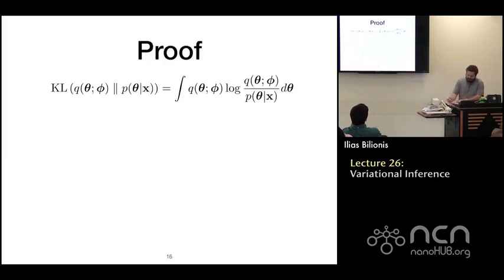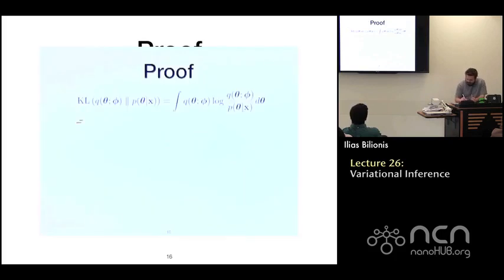Okay, and I will just show you how the proof would go. So you would just expand it. You would say integral q(theta|phi) log q(theta|phi) d theta minus integral q(theta|phi) log p(theta|x) d theta.